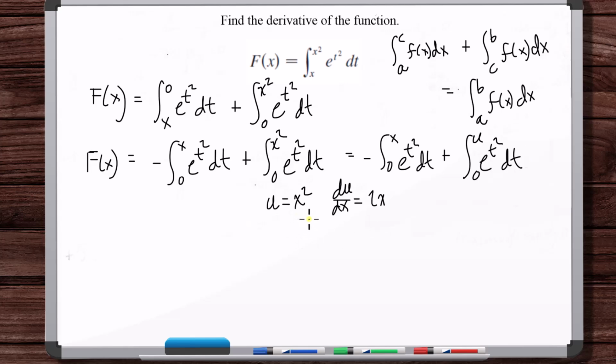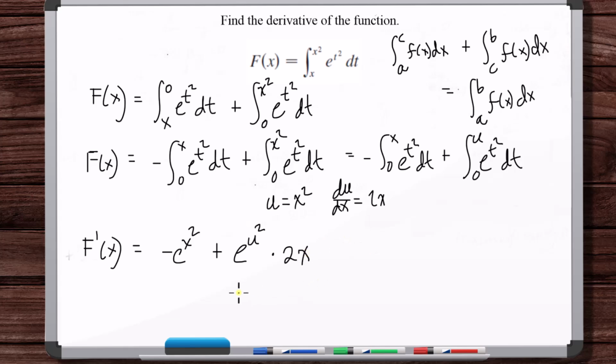Okay, so now if we take f prime of x, we've got minus e to the x squared plus, okay, this is some function of u. So chain rule, df du is what? E to the u squared times du dx.